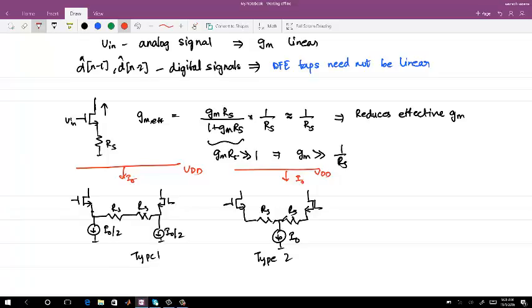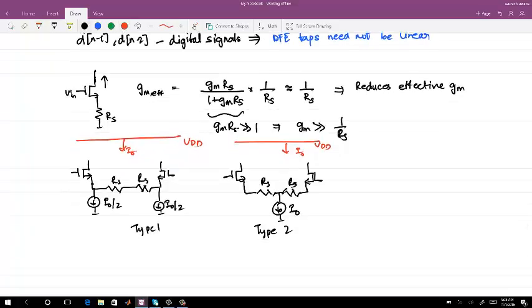Any other thing? It reduces the headroom for your output swing. So type 2 actually has a lesser headroom or lesser voltage swing margin at the output. But what is the benefit?